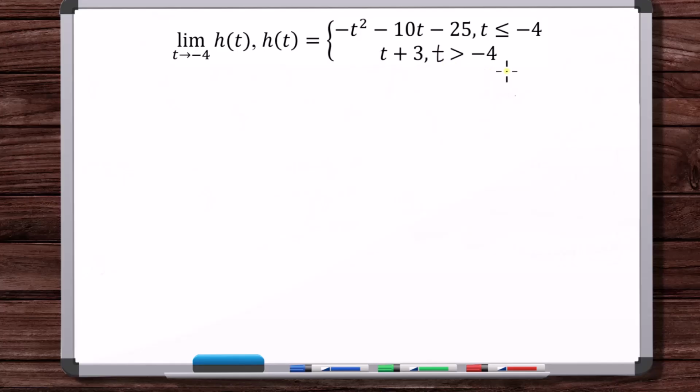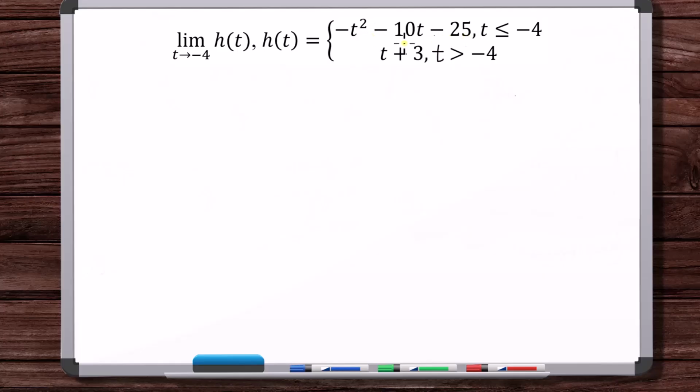Is t equal to minus 4 a discontinuity? If it is, is it a jump discontinuity? Is it a removable discontinuity? Or maybe the function is continuous at minus 4. It could be continuous at minus 4 since the function is defined at t equal to minus 4. Based on this parabola here, this function is going to be continuous everywhere. So the domain of this function is all real numbers, right?